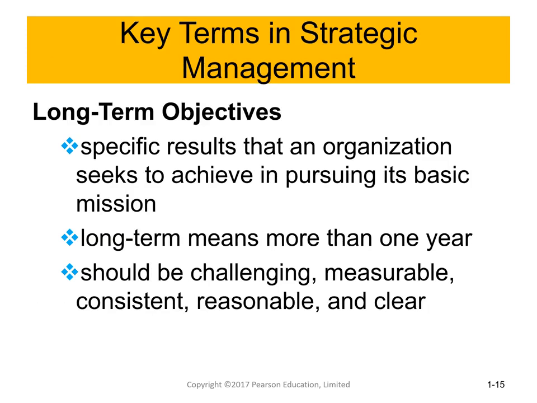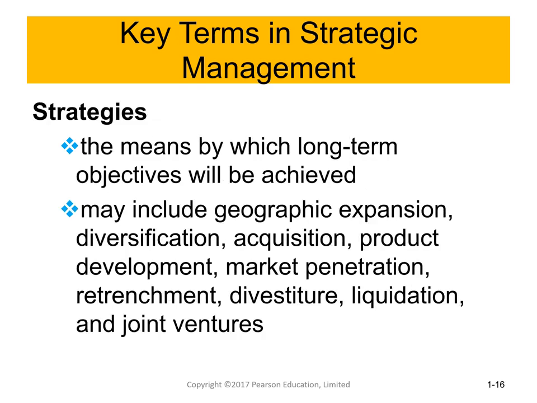Now, in terms of long-term objectives, here we are looking at the objectives of the organization that are made in respect of a time span of more than 1 year. Now, strategies, as I mentioned to you earlier, basically these are actions that organizations put in place to achieve the objectives.